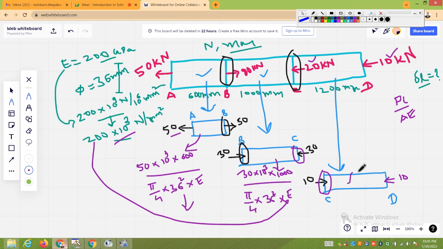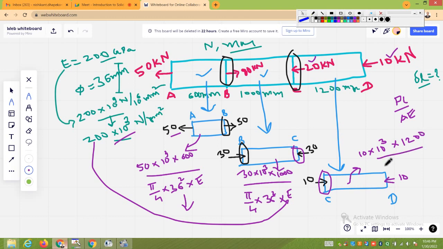When you use it for this section, again the same formula is used. P is 10 kilonewtons, convert it into newtons, multiplied by length 1200.